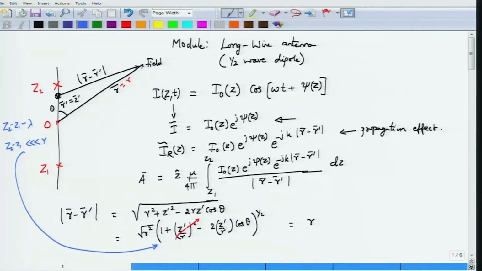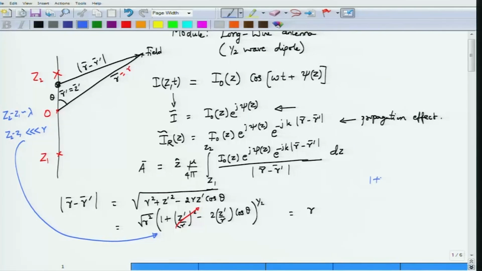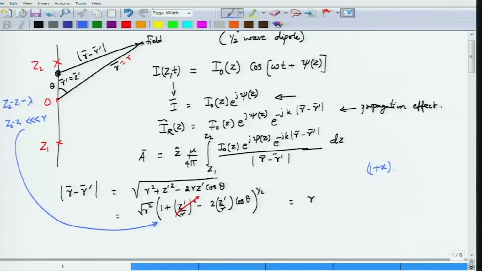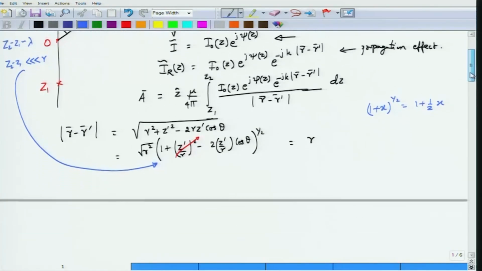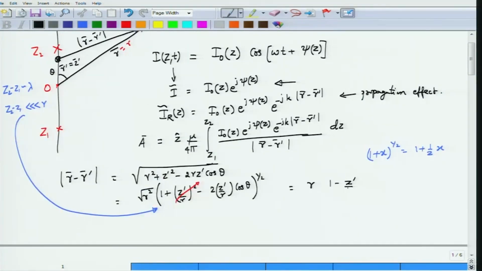If I neglect this, the binomial theorem tells me that (1 plus x) to the power half must be equal to 1 plus half x. So, I can use this to write this as r into 1 minus z prime by r cos theta. Okay. So, this is what you get for r minus r prime.